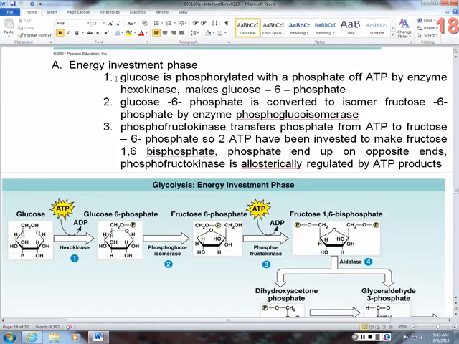So in your energy investment phase, this is going to break it down step by step. You've got your glucose here. You put in the ATP, and it gets phosphorylated here. So you have one of the phosphates come off, and it goes right here. And it makes glucose 6-phosphate.